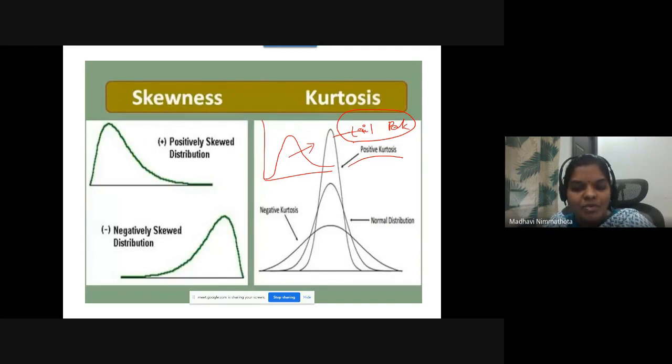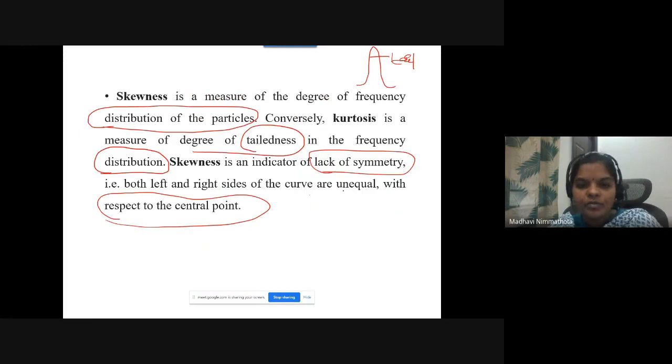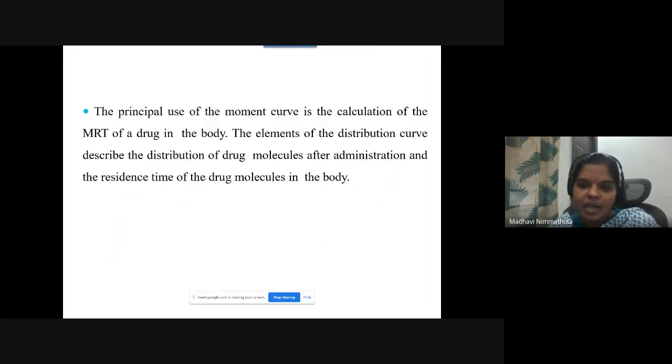When your particles are distributed like this, it is called negative kurtosis. If you get a peak higher than this normal peak, then you get positive kurtosis. So skewness and kurtosis are the two phenomena which describe the degree of frequency of the particles' distribution in our body. It is totally dependent upon the probability phenomenon. So this is skewness and kurtosis.